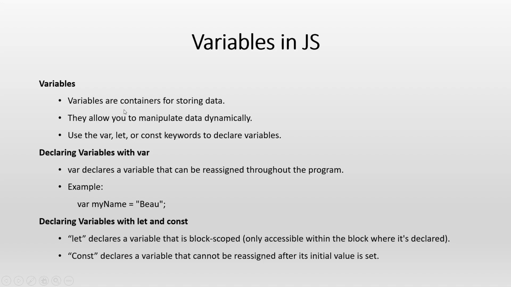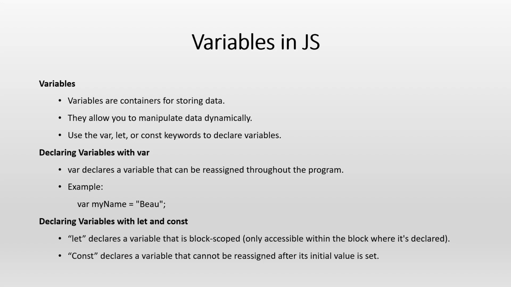It is stored in some place. Let us assume that place is called a container. So, as the definition goes, those containers are variables. Variables are containers for storing data. They allow you to manipulate data dynamically. When you store something inside a container, we can change it and use it according to our need.